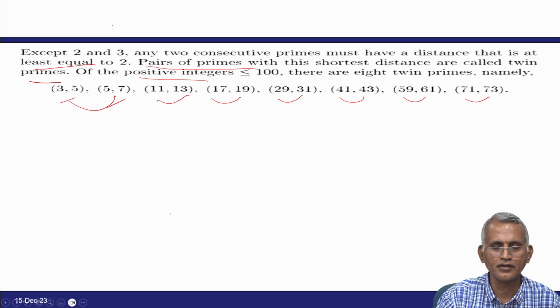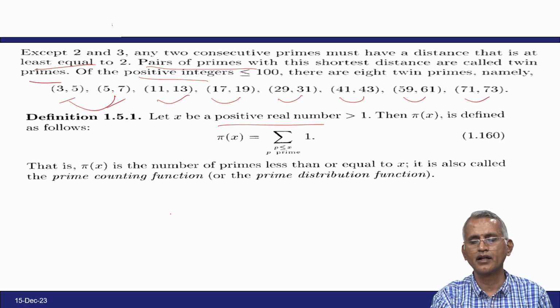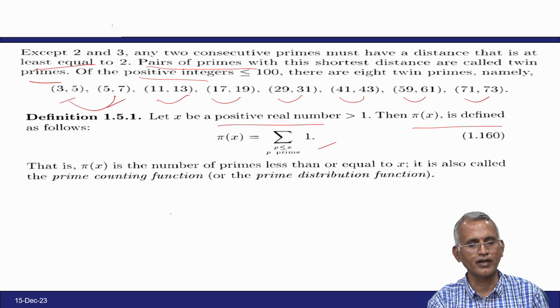They are twin primes. So, based on this we have a statement: if x is a positive real number greater than 1, then pi of x is defined as the number of primes less than or equal to x that you have to collect, that is called pi of x.